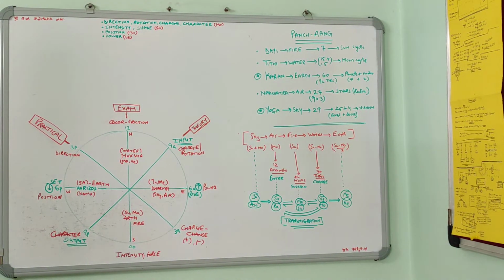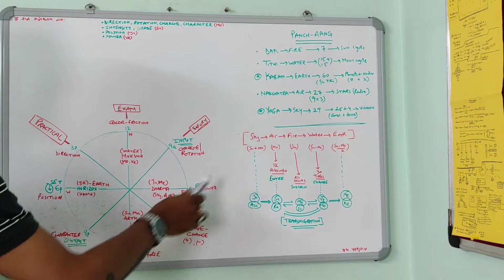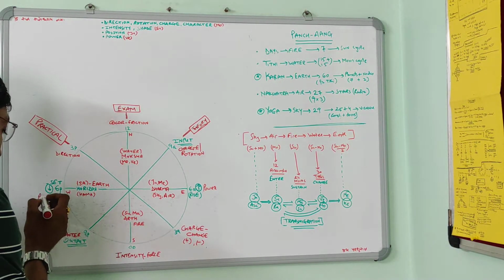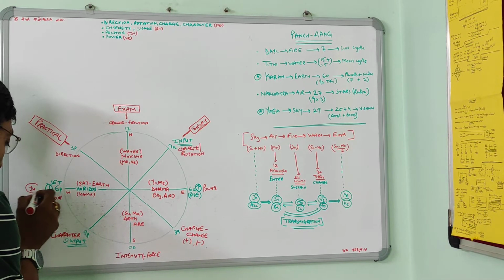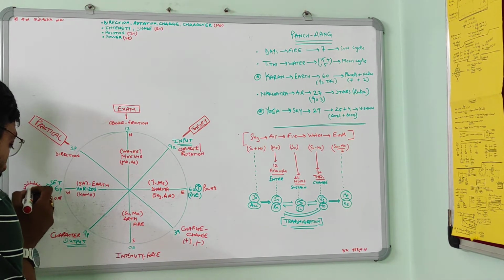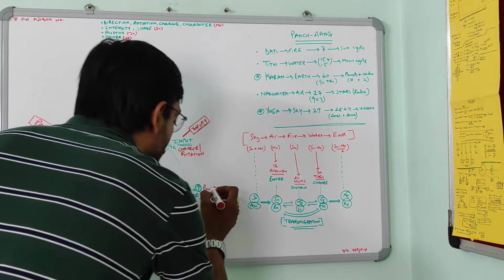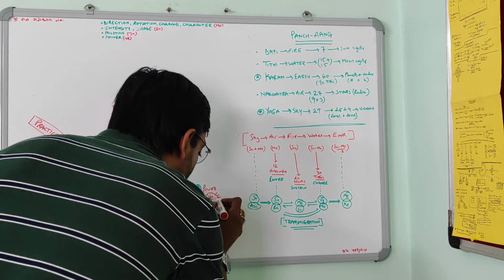Now see, this position is controlled by Jupiter and this is controlled by Venus. So we'll just write Jupiter over here because you have to exhaust Jupiter. You have to give out Jupiter at sunset. Over here you have to give out Venus at sunrise.